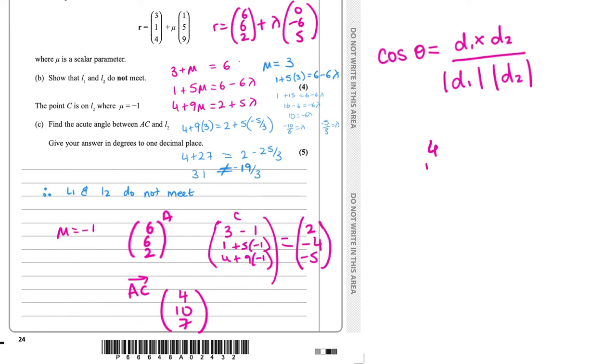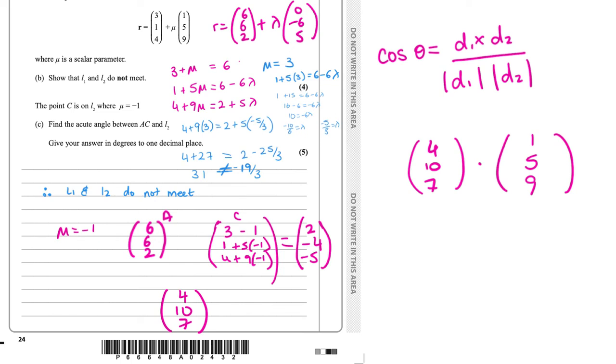So we're going to have 4, 10, 7, and then the dot product with the direction vector of L2. What's the direction vector of L2? 1, 5, 9. Oh, golly. Sorry, I've written this wrong. I think my iPad pen's died.